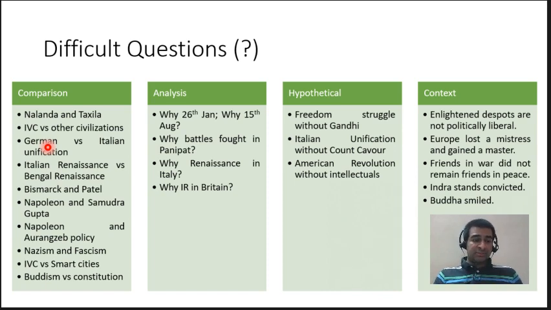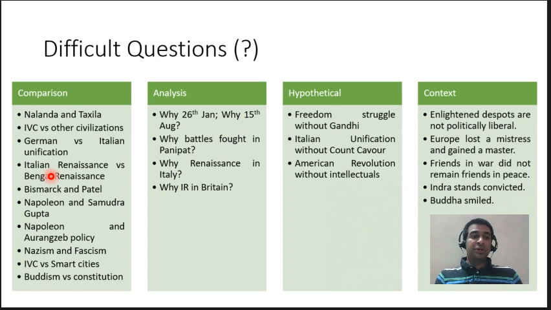Now, there are some areas where they draw from one topic and try to contrast with some other topic. For example, see this question: compare and contrast Italian Renaissance with Bengal Renaissance. So here they have tried to compare a topic from world history to a topic in modern Indian history.